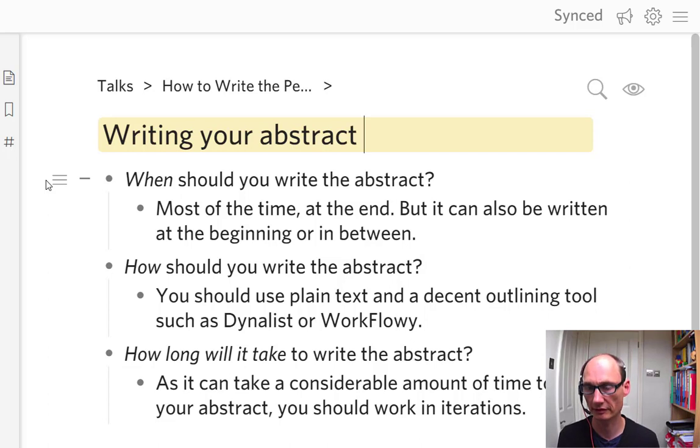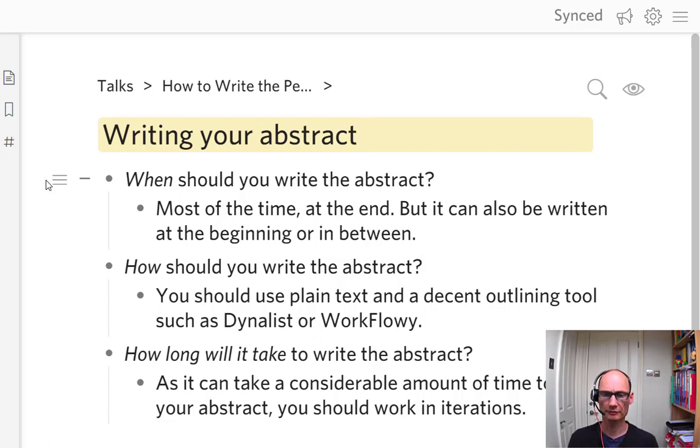Clearly most of the time you're probably going to write it at the end, because only at the end will you clearly know what you have covered. But sometimes you can also do it differently. If you are very experienced and you have clearly in mind what you're going to do, you can write it at the beginning. Then it's almost like a specification. It can be quite useful. Or you do it at some point in the middle, and then it's important to keep it up to date as you go along, so you work in iterations.